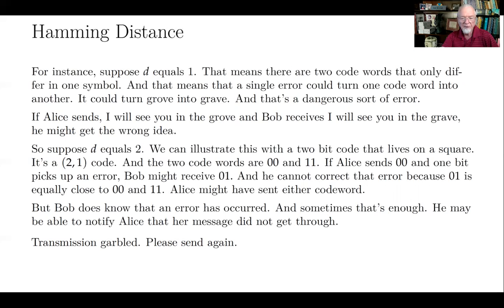So he wouldn't know how to correct it, and he would have to simply say, "Transmission garbled, please send it again." So he has at least learned that if a 0, 1 or a 1, 0 came in, there's been an error, but he doesn't know what it was, so he has to ask the whole set of symbols to be resent.